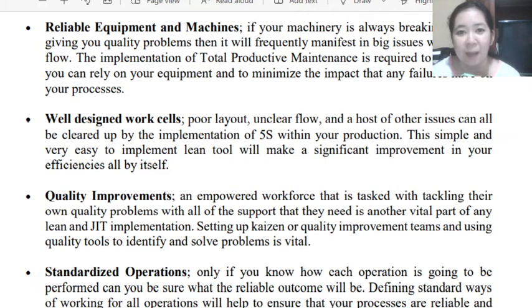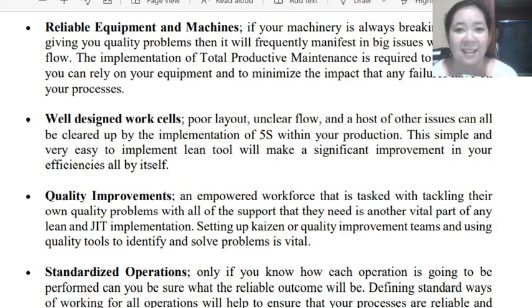I am familiar with this because in quality control, 5S is essential. So, 5S: sorting, setting in order, shine, meaning cleanliness, standardizing, and sustaining all of these practices.